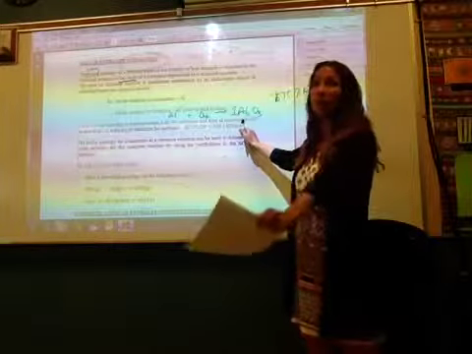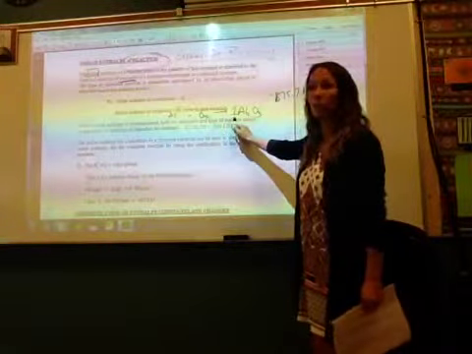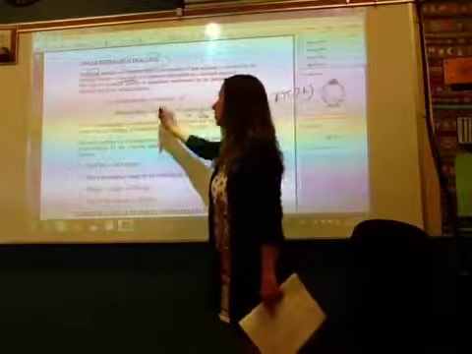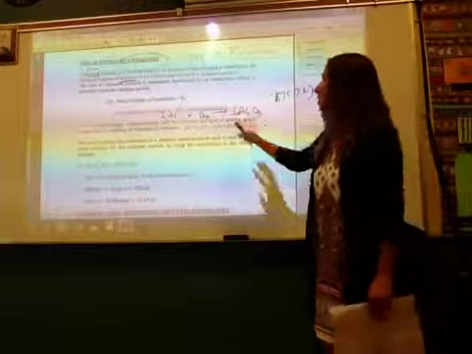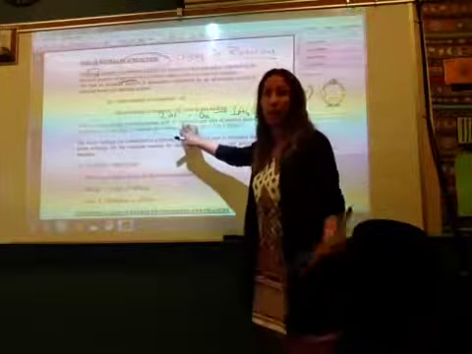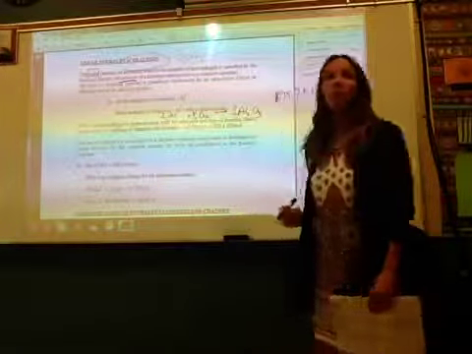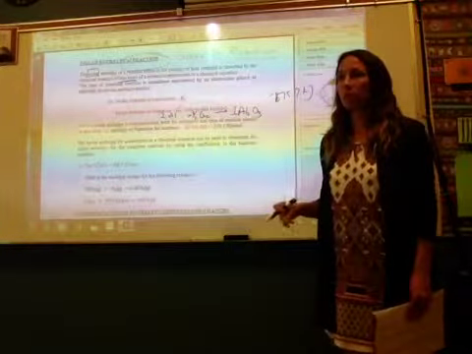So all my balancing has to allow me to keep this a 1. The aluminum is quite easy. 2 and 2. No problem. Oxygen? 3 on this side. I need to make my 3 out of 2, and Nick, we do 3 over 2 to make my 1/2 oxygens.